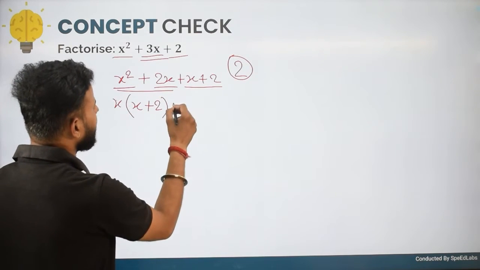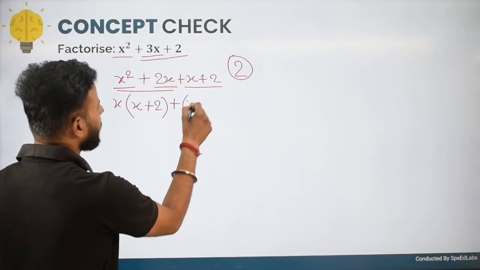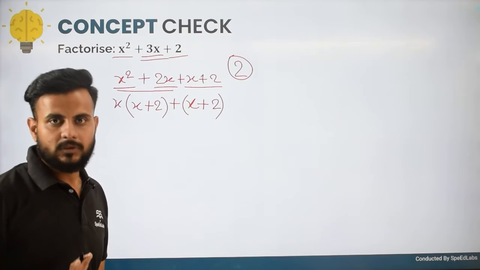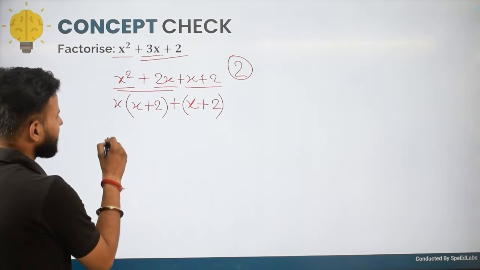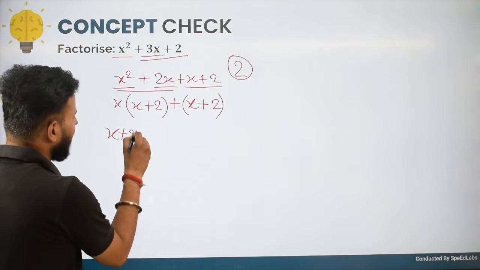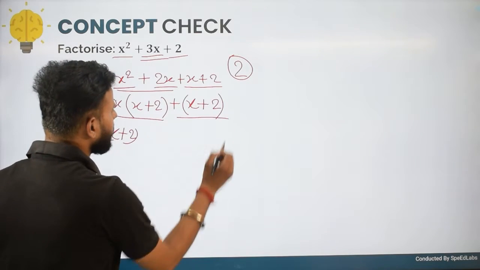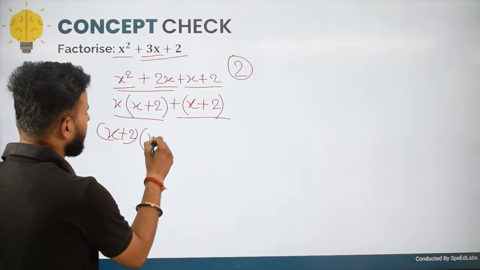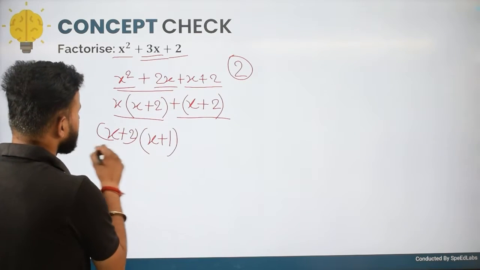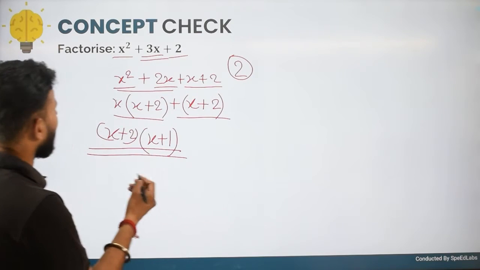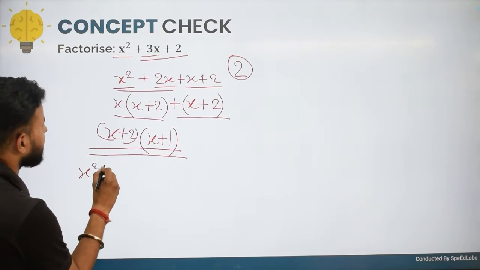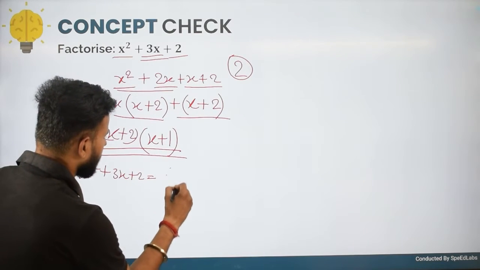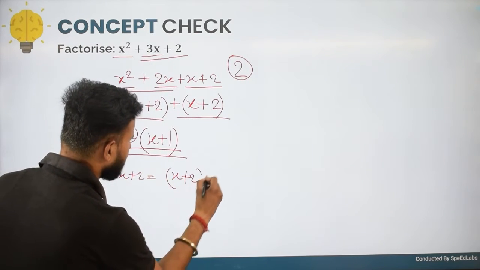And from here I don't need to take any common because it is already x plus 2. Now I'm taking x plus 2 common again, because both of the terms have x plus 2. Then I will be left with x plus 1. So these are the factors. I can write this x square plus 3x plus 2 as x plus 2 times x plus 1.